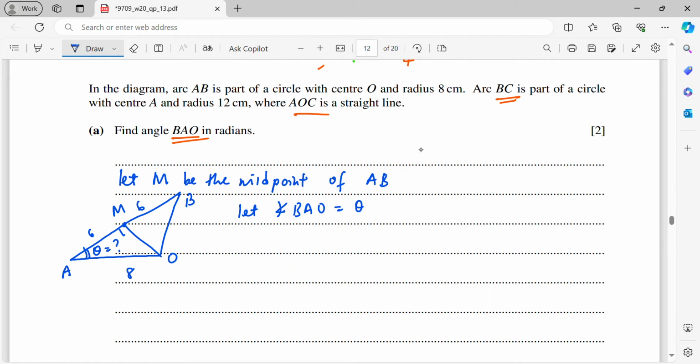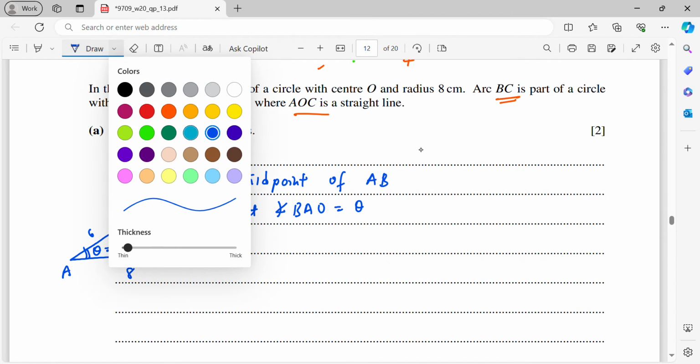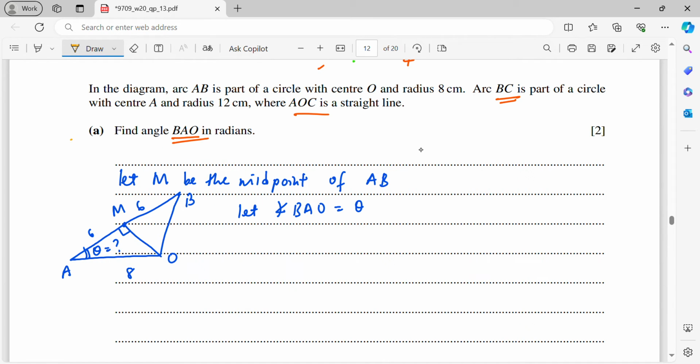So here is 90 degrees, a right angle triangle. When you refer to this right angle triangle AMO, the 6 is the adjacent side of theta, and the 8 is the hypotenuse. So adjacent and hypotenuse is basically cosine, right? So cos theta equals 6 over 8, or I will just write OM or AM over AO.